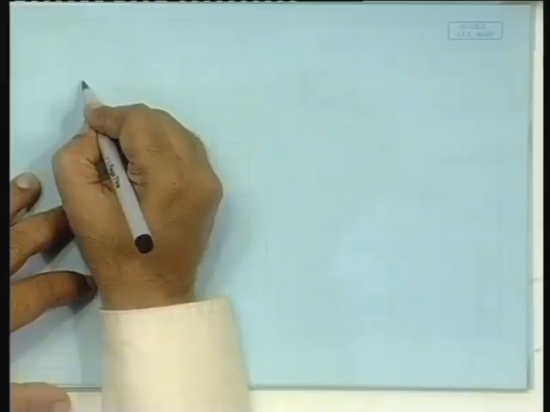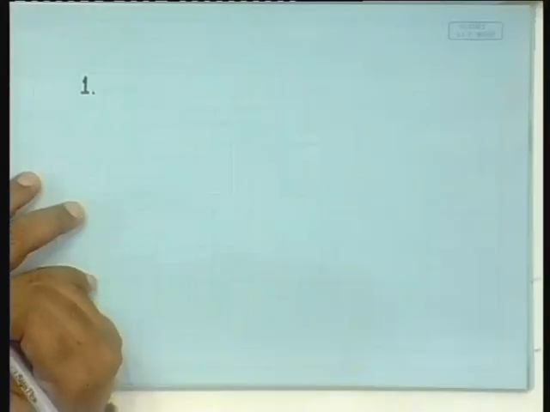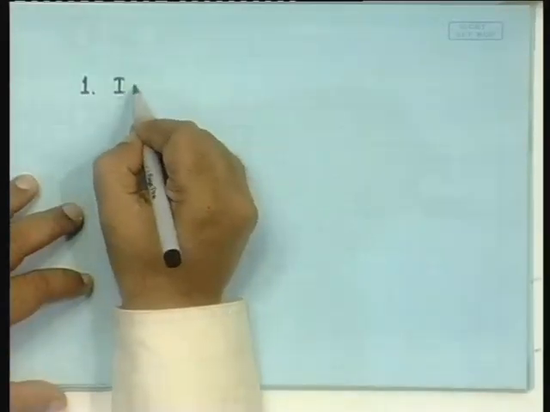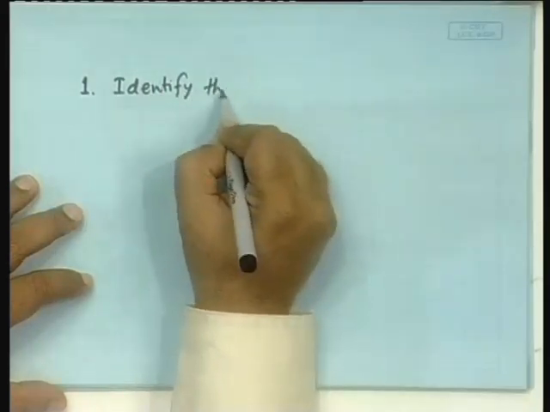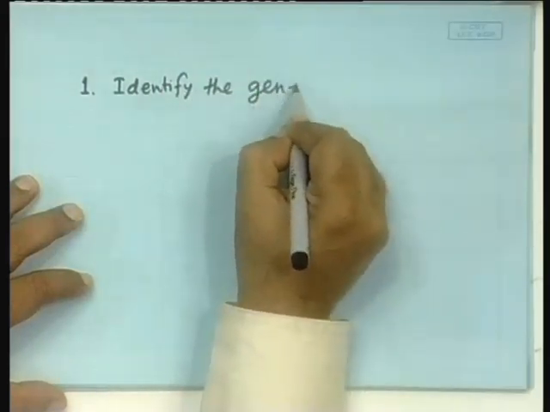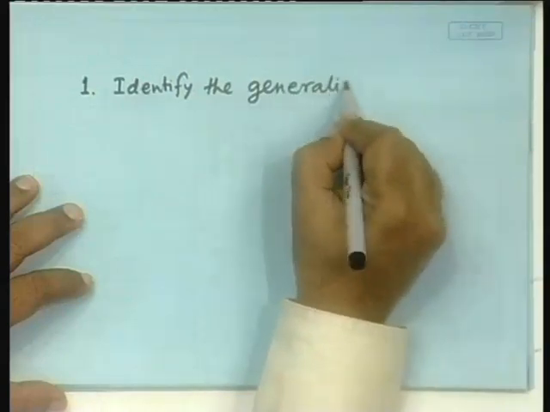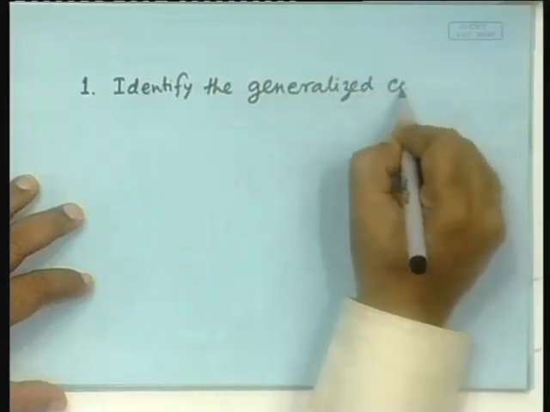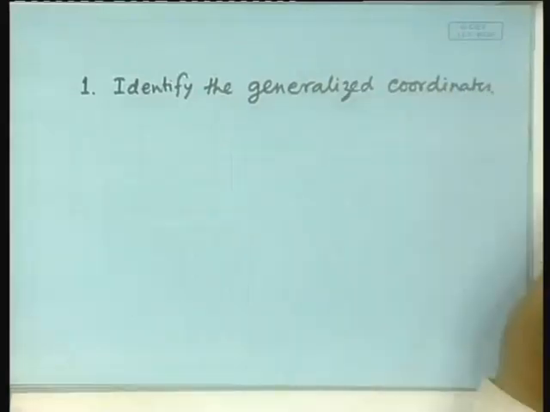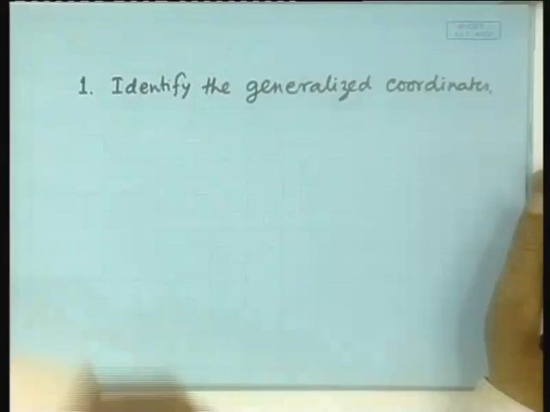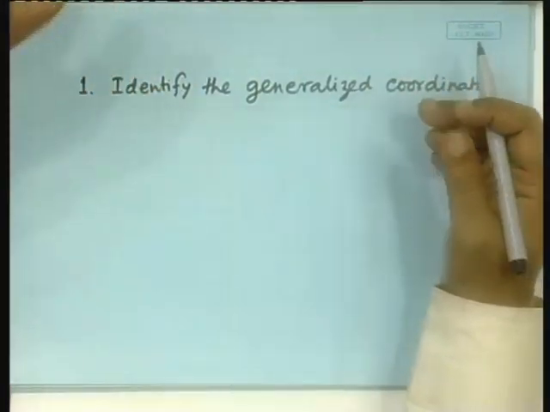So, the first step in the Lagrangian formulation would be 1, identify the generalized coordinates. Now, remember this generalized coordinates, this nomenclature should not confuse you.